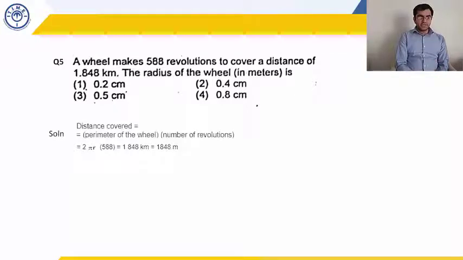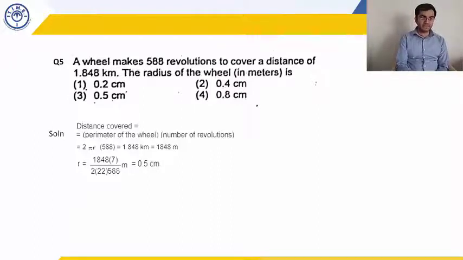But first I convert the kilometers to meters and I solve 2 pi r into 588 is equal to 1848 meters. So now my value of r will turn out to be, instead of pi you can put 22 by 7. So you get 1848 into 7 divided by 2 into 22 into 588 meters.